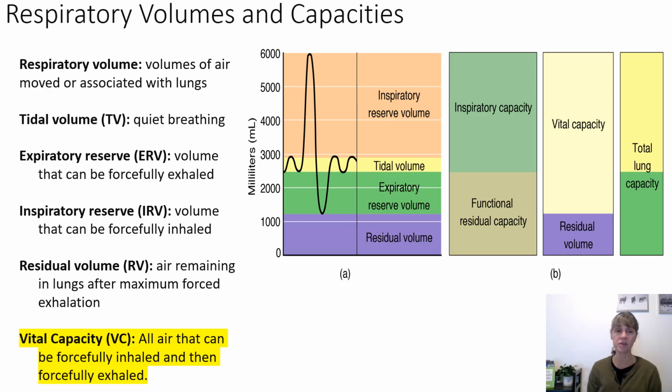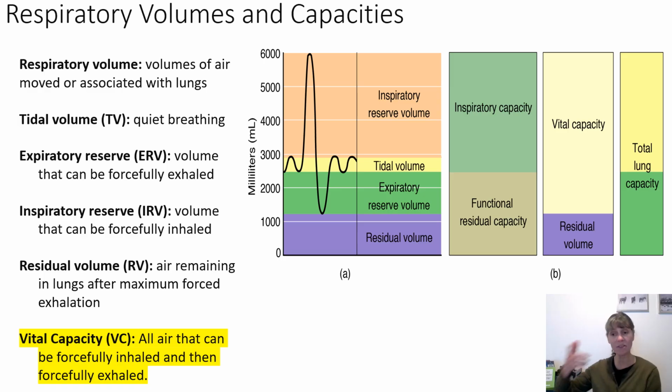Expiratory reserve volume is the volume of air that can be forcefully exhaled after a normal exhale. So if I breathe in, breathe out, and then force air out, try to get as much out, that's expiratory reserve volume. It's the amount that can be forcefully exhaled.